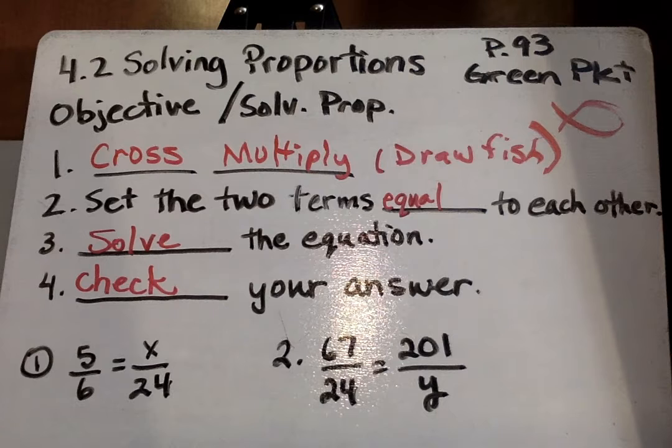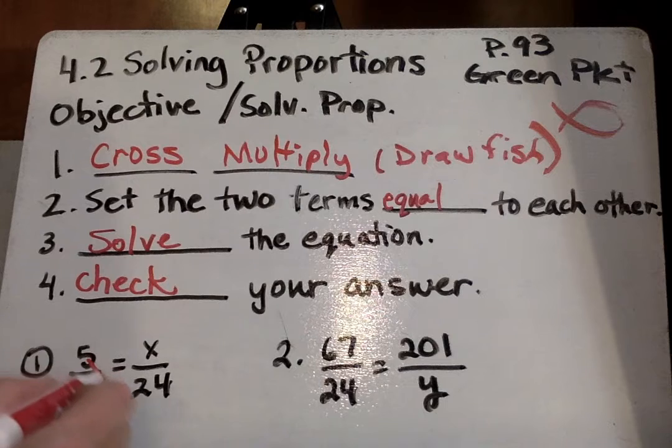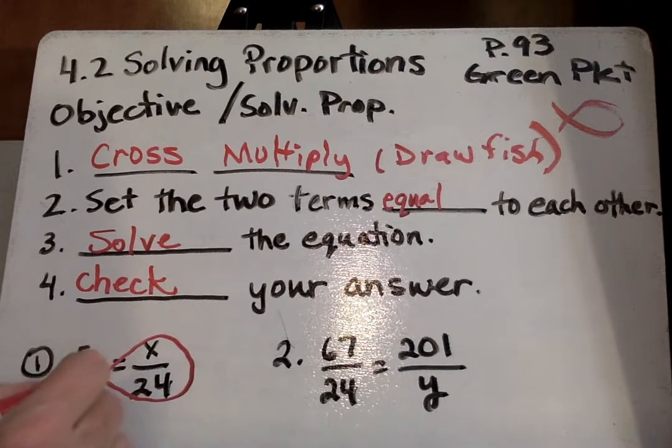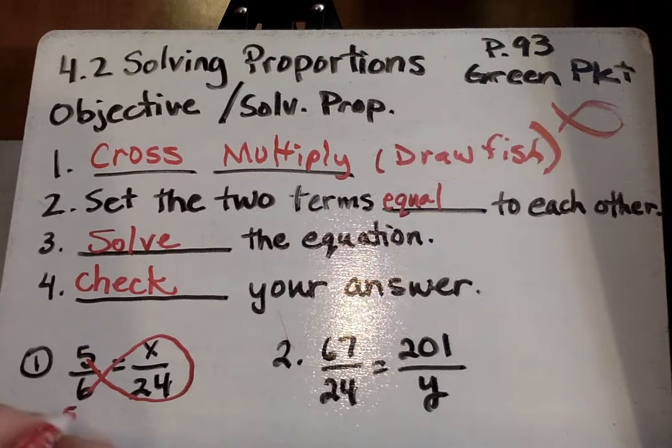Okay, so we'll start with number one, 5/6 equals x over 24. I'm going to first cross multiply, or draw my fish like this. I follow my line: 5 times 24 equals 6 times x.